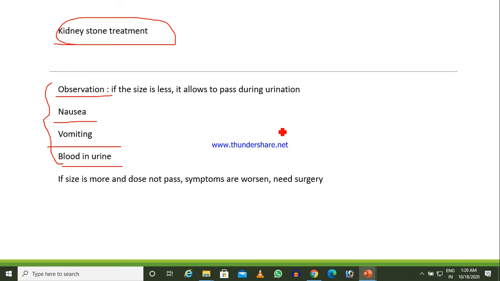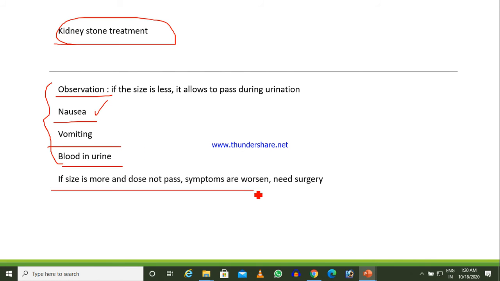But if it is more than 0.5 to 1 centimeter, then it is a serious concern. You have to do a very strict diet. You have to control your diet. Even if you are keeping it under observation, the patient may experience nausea, vomiting, blood in urine.